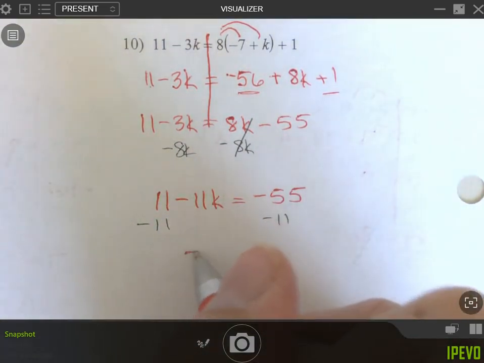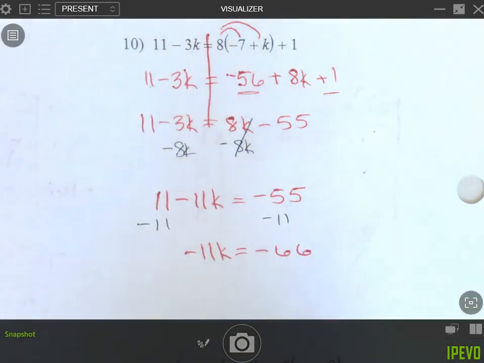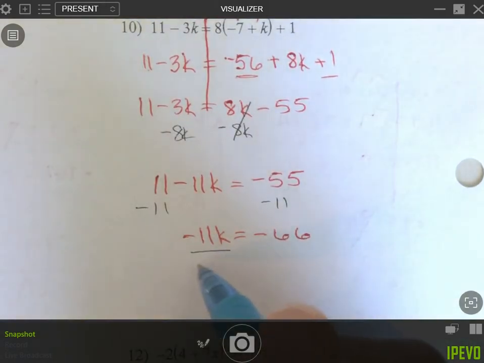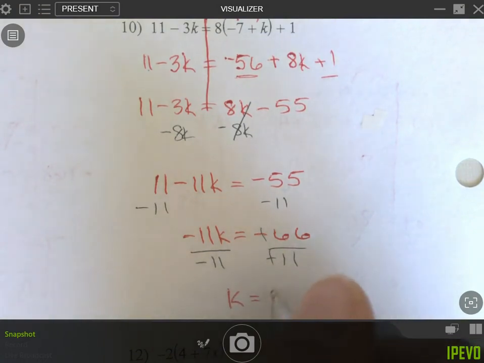So I got negative 11k equals negative 66, and then how do I get k by itself? Now, if you would have moved it to the other side, you would have had 66 equals 11k, and you would have gotten a positive answer just like me when these cancel out. So I get k equals 6.